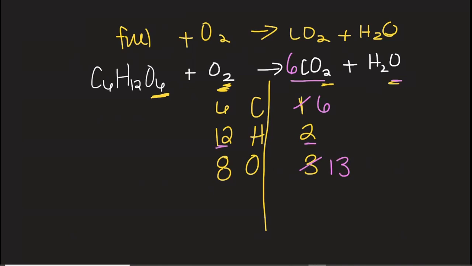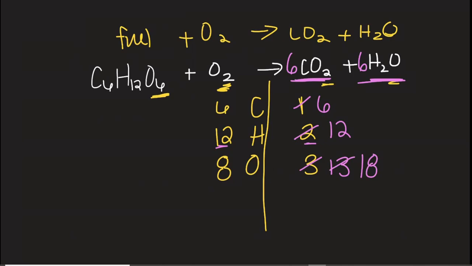So what I'm going to do here is put a 6 in front of my water, and I'm going to recount that. So now I have 12 hydrogens, and I have 6 oxygens here, 12 here. So now I'm up to 18.